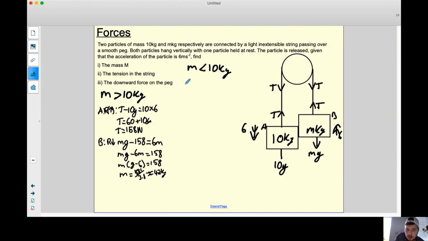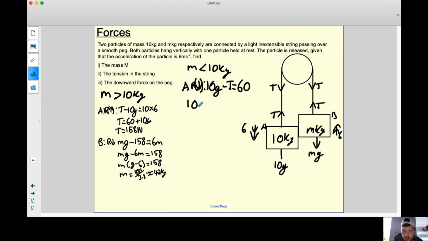For A, resolving downwards this time, I get my 10g, take away my tension, equals 6 times 10 again, which is 60.